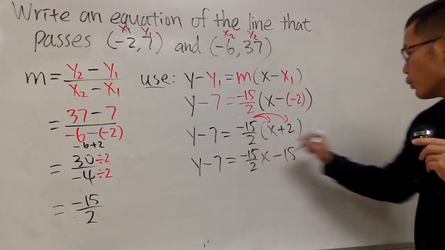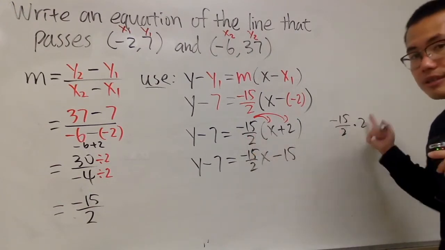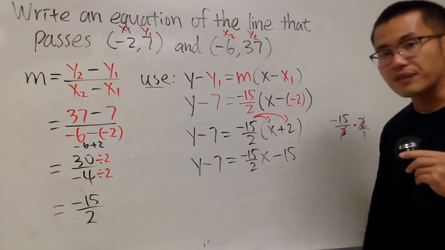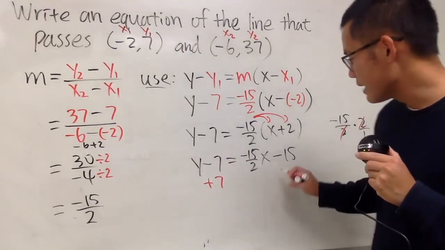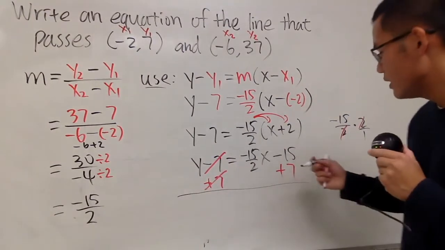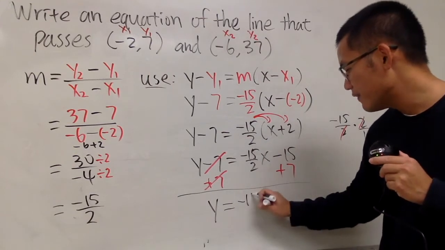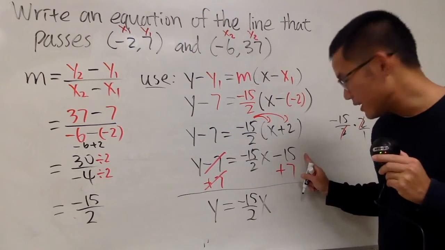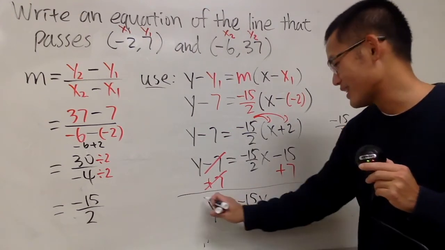When we have -15 over 2 times 2, 2 is the same as 2 over 1, so the 2 will cancel. Lastly, to get y by itself, we add 7 on both sides, so they cancel. Finally, y is equal to -15 over 2x, and -15 plus 7 is -8. And with that, we are done.